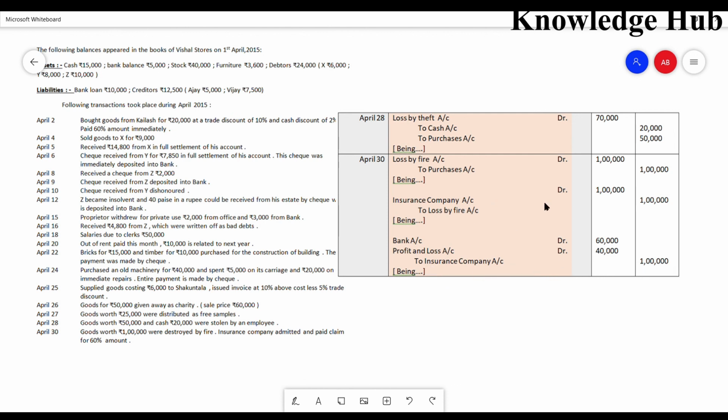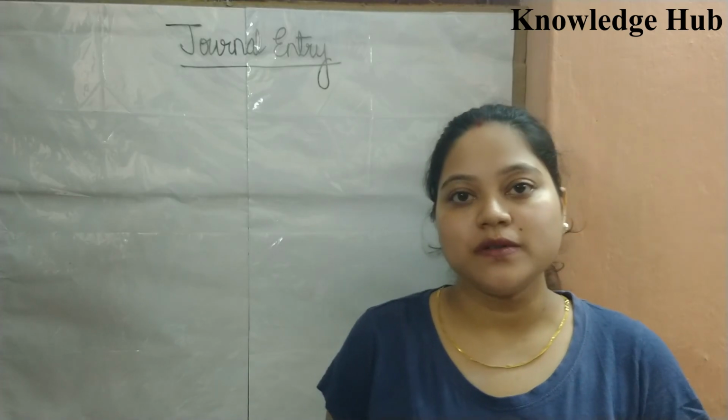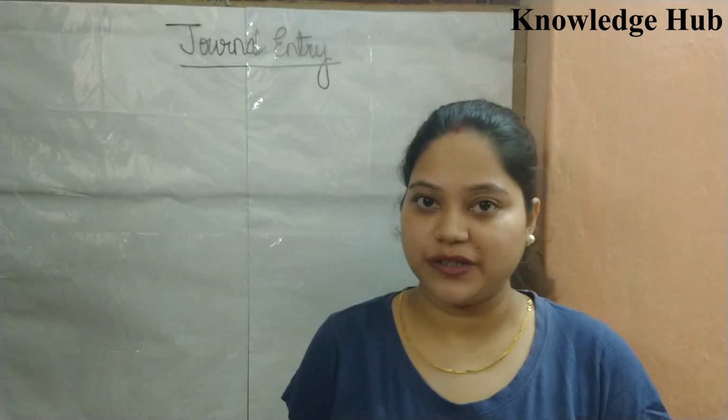We had transferred the loss of 1 lakh to the insurance company, and now we have closed their account by crediting it with 1 lakh. But actually we have received an amount of rupees 60,000. The difference which we did not receive is transferred to our profit and loss account. Being a loss, it is debited. So this was all about our topic, the journal entries.